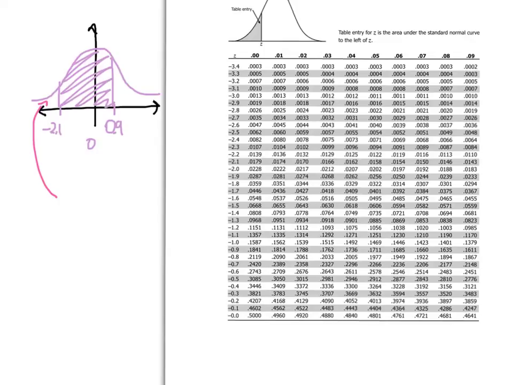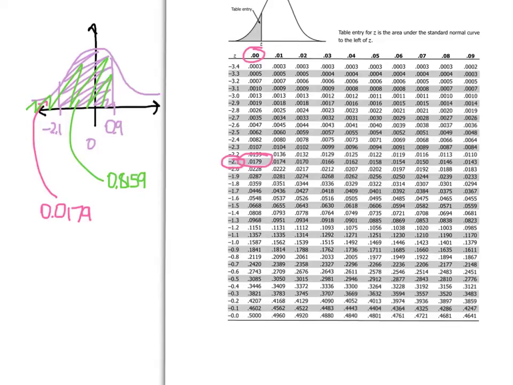Well, let's find negative 2.1 in our table. It's right there, negative 2.100, so we know it's going to be 0.0179. We remember the other value from our previous calculation, and that value we said was 0.8159.